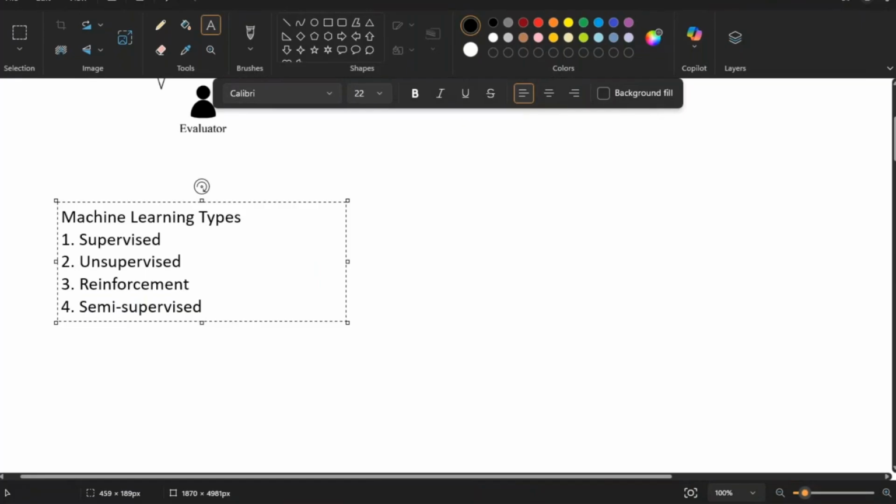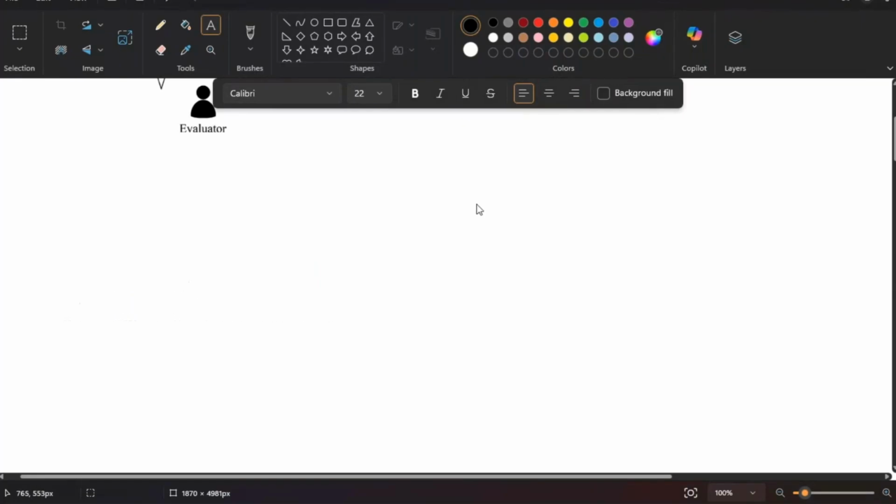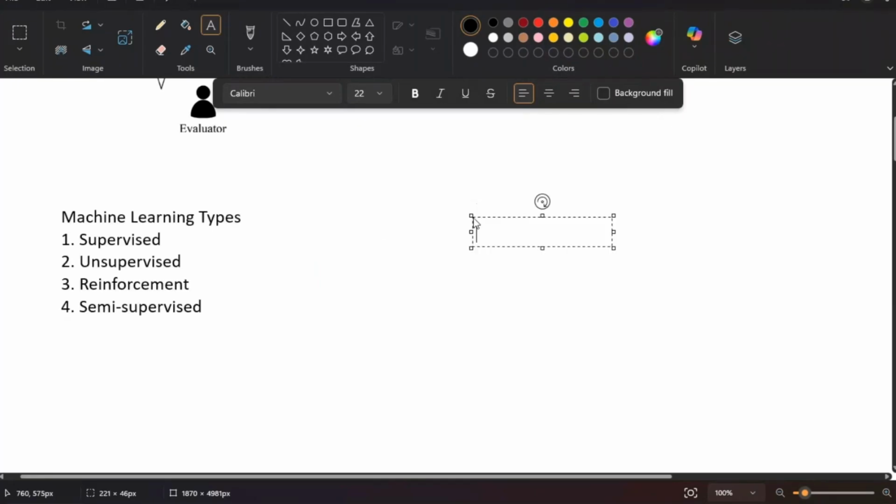The types of machine learning, right? Now there are three things: artificial intelligence, machine learning, and then there is something called deep learning, right? Artificial intelligence is the broad field of computer science which focuses on building machines that can perform tasks requiring human intelligence, right?